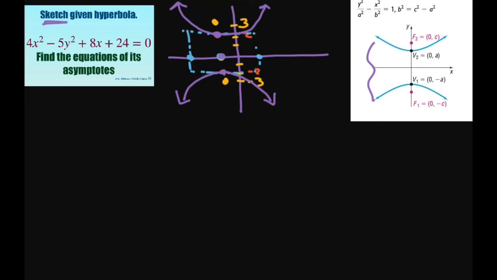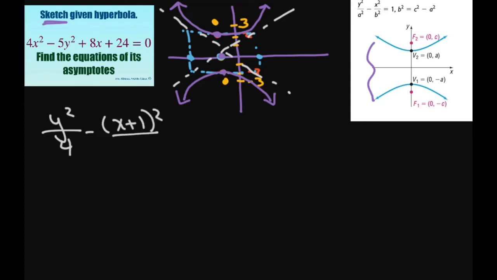Get the asymptotes. So the thing with the asymptotes is you can kind of see it from here. All right, so all you do with the asymptotes is you write your equation of the line. So we have y squared divided by 4 minus x plus 1 squared divided by 5 equals 1. So basically what we're going to do is use point slope form.